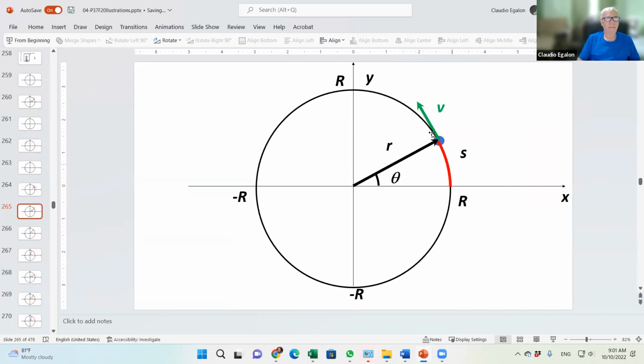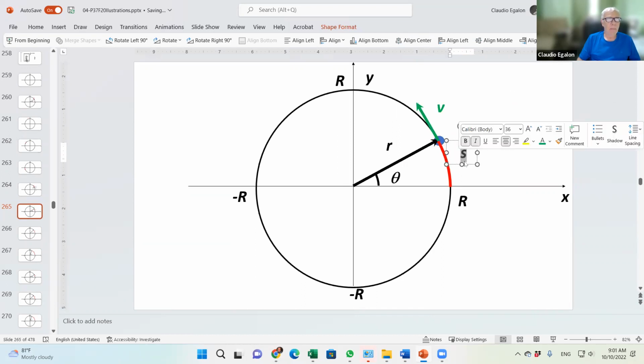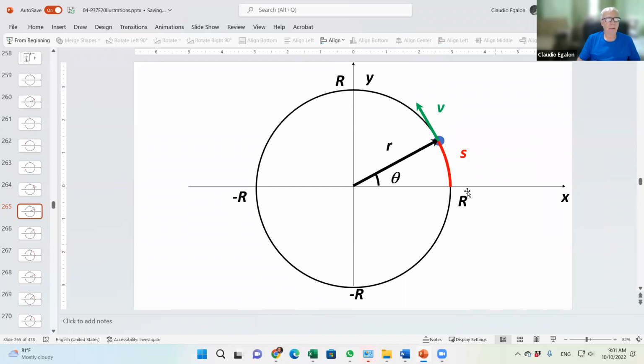Here you go. And I'm going to make my s red as well. I don't need the s anymore because now I'm going to concentrate on this velocity vector. Okay, watch the velocity vector go. I'm going to go to the next slide, right?